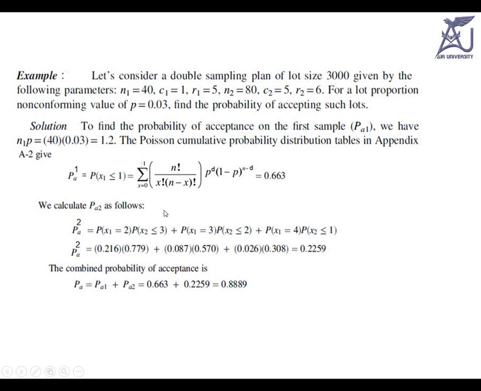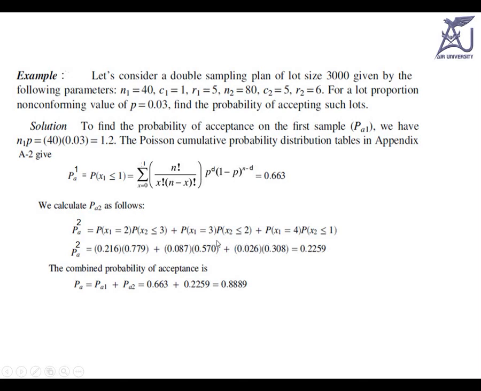So in that case, you will find the probability of acceptance. And what can be the second scenario? Number of defectives found equal to 3, and in the second sample equal to 2, 3 and 2, so the total again becomes 5. And what can be a third scenario?